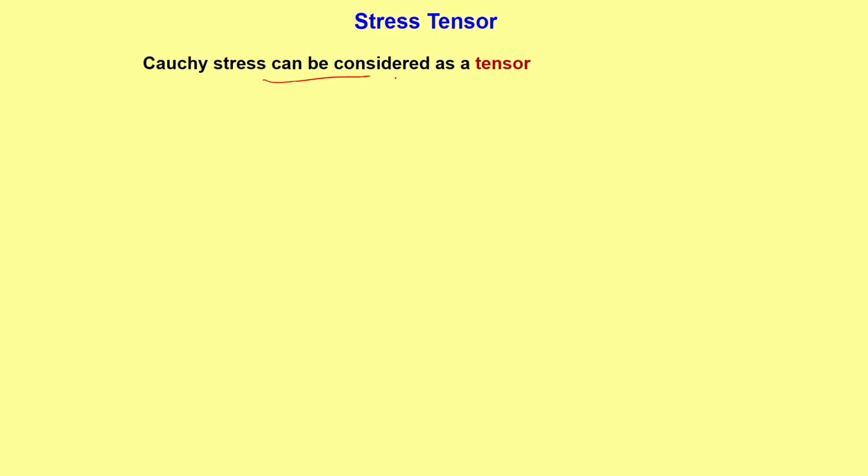Now, what actually is sigma? In fact, sigma is a stress tensor. So, Cauchy stress can be considered as a tensor.